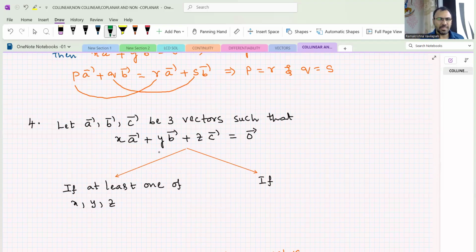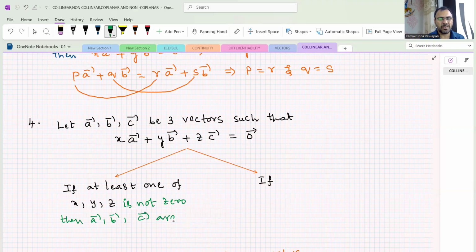Well, if at least one of X, Y, Z is not zero, then A bar, B bar, C bar are coplanar vectors.